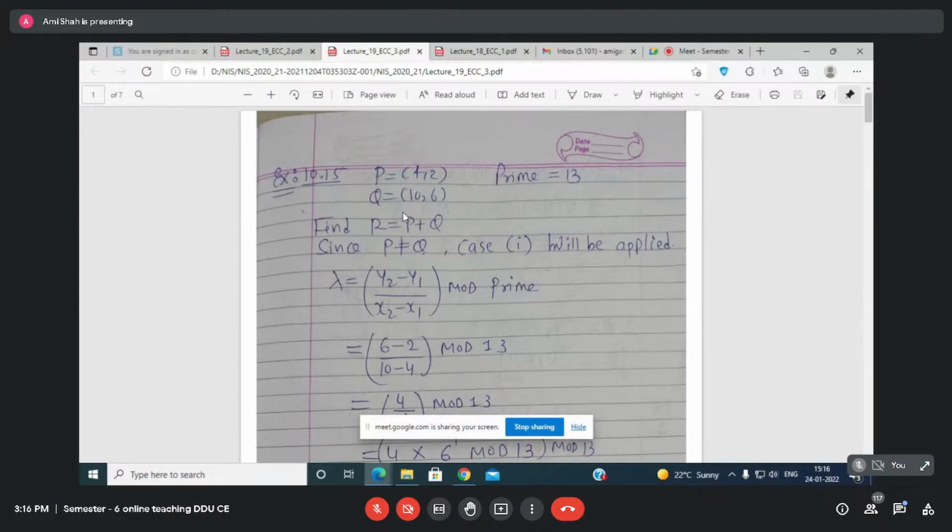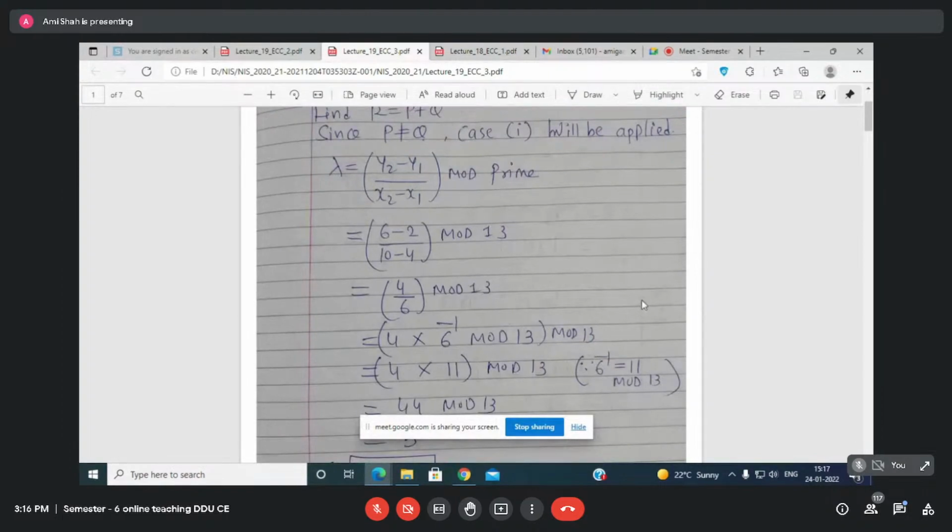Now, which formula do we use to calculate x3, y3? All of you know the three cases I have explained. In case number 1, the x coordinates and y coordinates are different, so we use lambda equals (y2 minus y1) divided by (x2 minus x1) mod 13, that is, (6 minus 2) divided by (10 minus 4) mod 13.